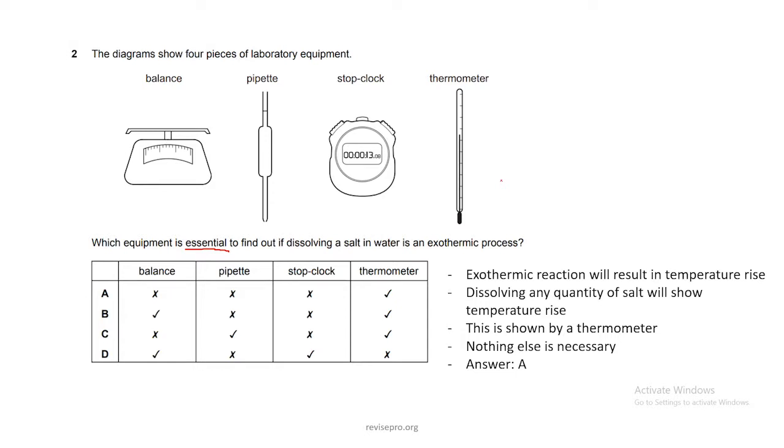If it's an exothermic process, heat will be released into the surroundings, so the temperature of the water will increase. So the only essential equipment is a thermometer. So A will be your answer.